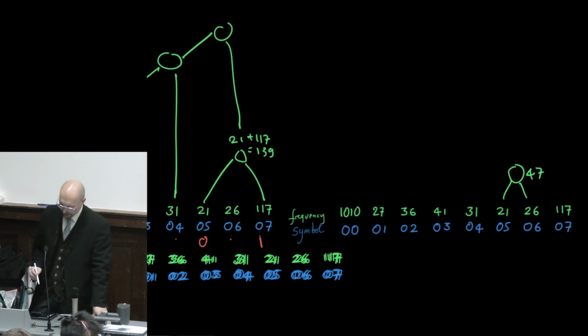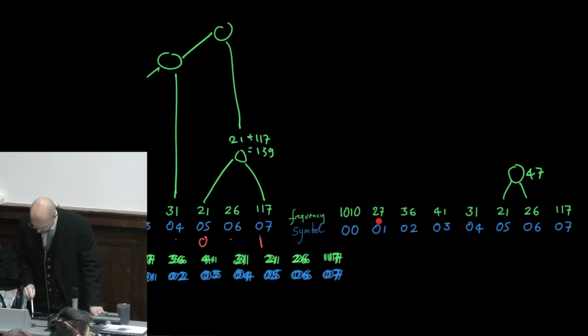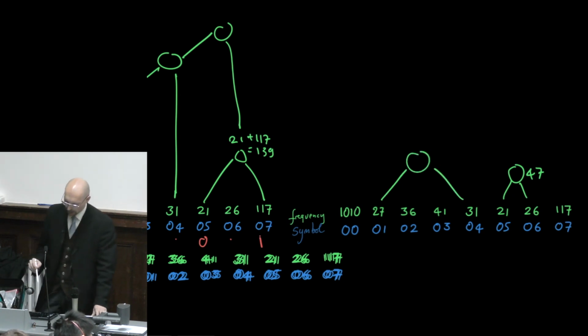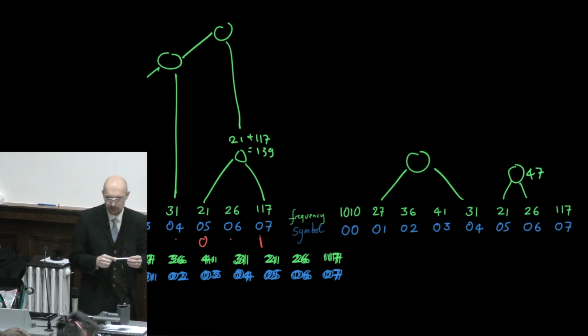And then we would take not the smallest 2 leaves, but we would take the smallest 2 emerging things. So it could be that the smallest one is this one and this one, which happen to be 2 leaves, but it could have been a leaf and another tree, and so on.